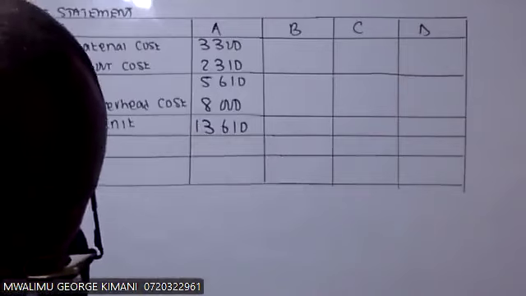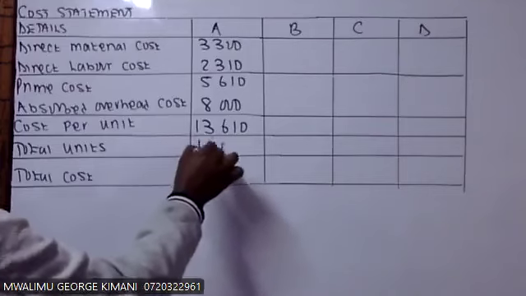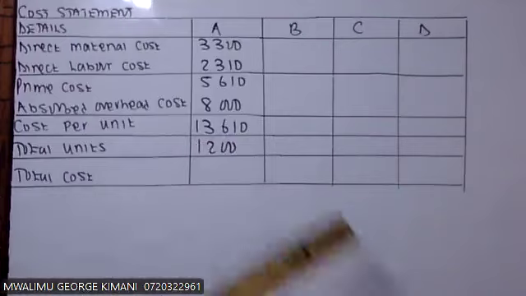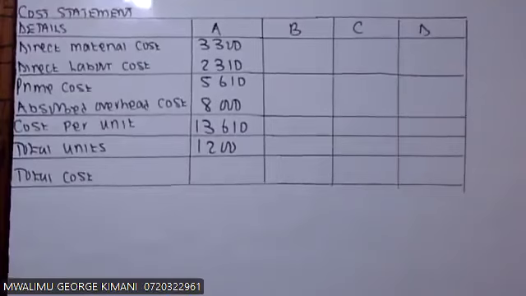And then the number of units are 1,200. So you just multiply now these 13,610 by these 1,200. $16,332,000.